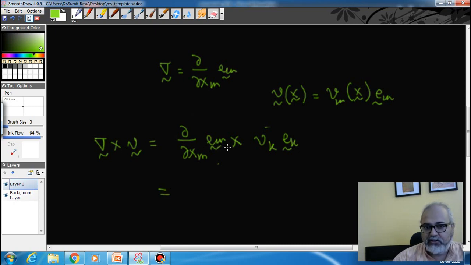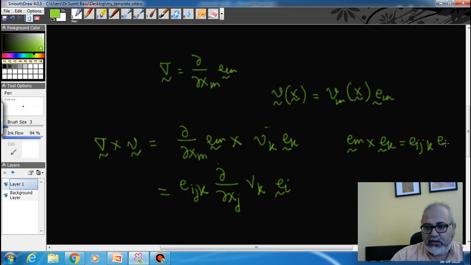This is a fixed vector, and we know the cross product is written as eijk del xj vk ei. So we know what em cross ek is: it is e imk ei.